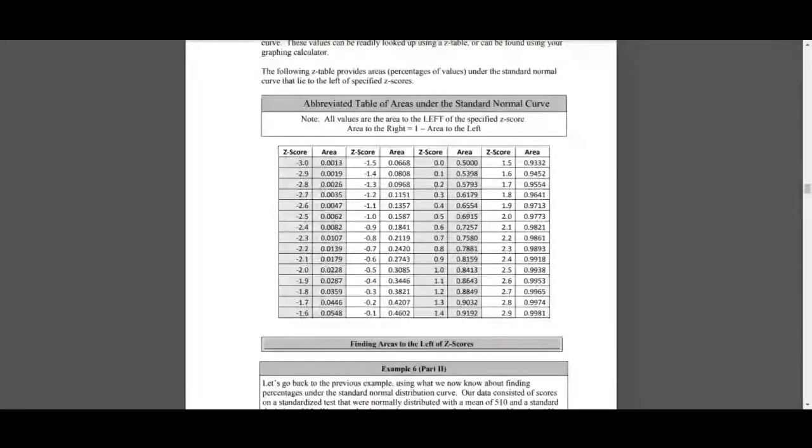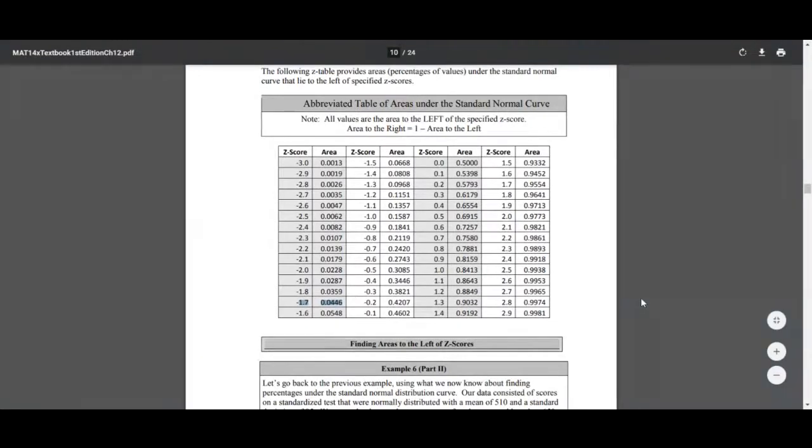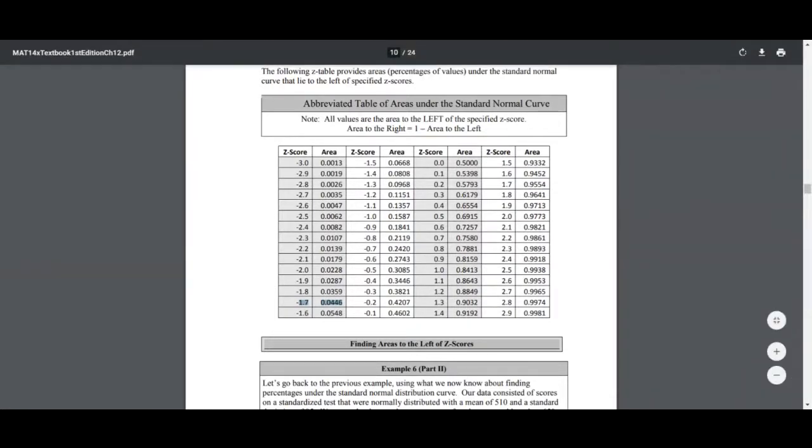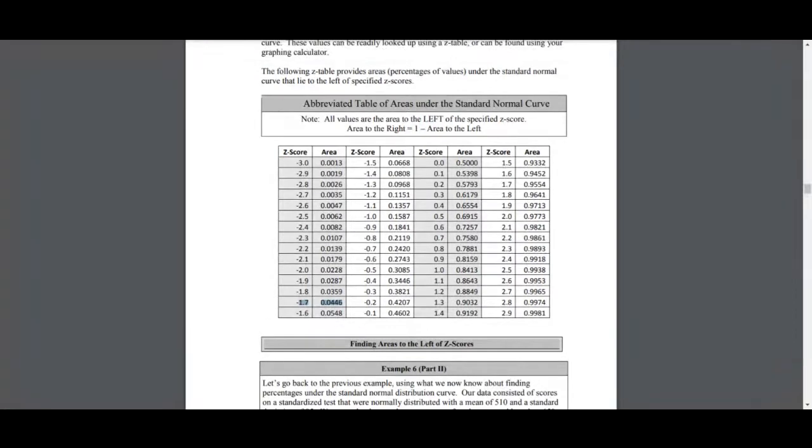We can round to one decimal place to get negative 1.7, and we get 0.0446. So that's what we get here.